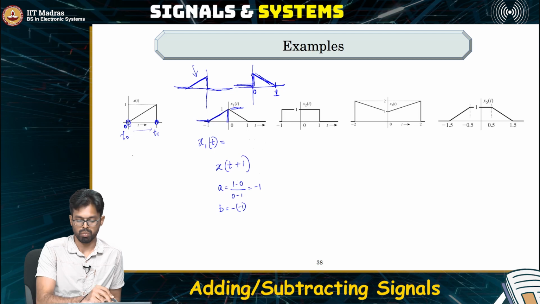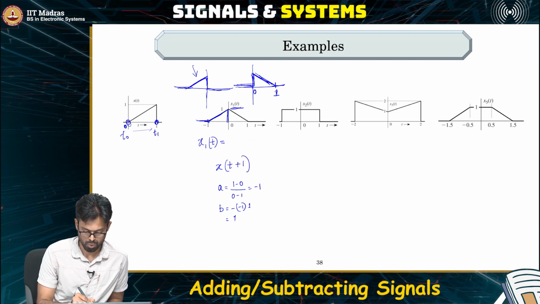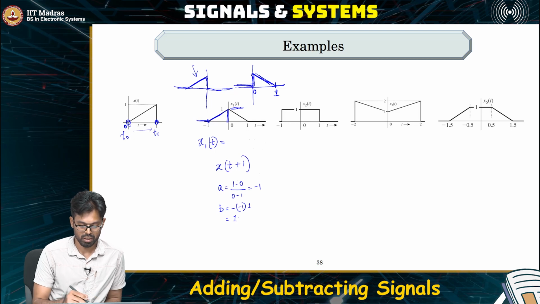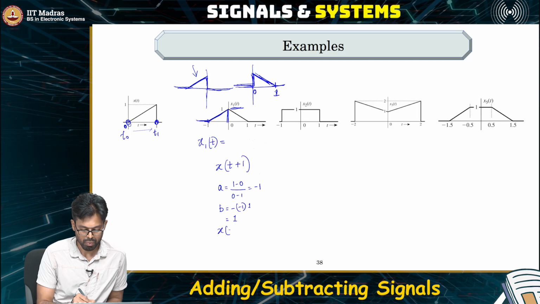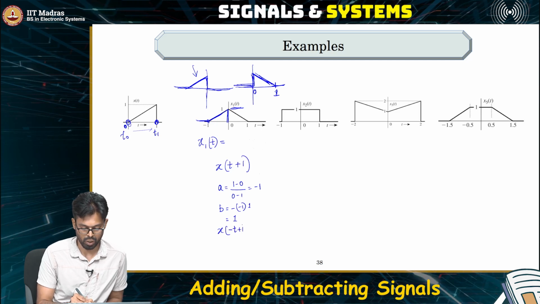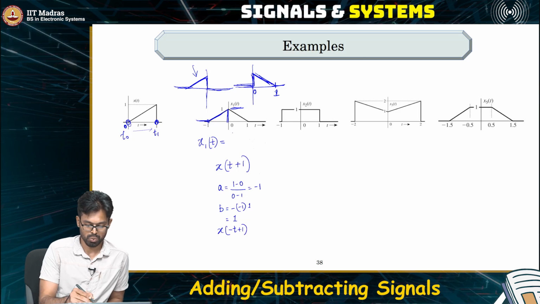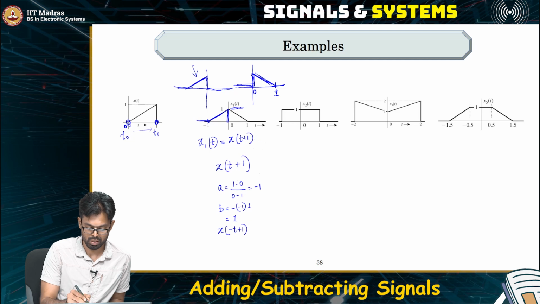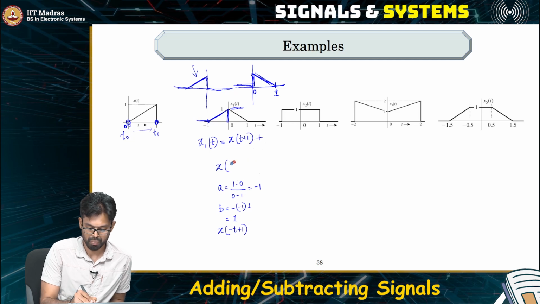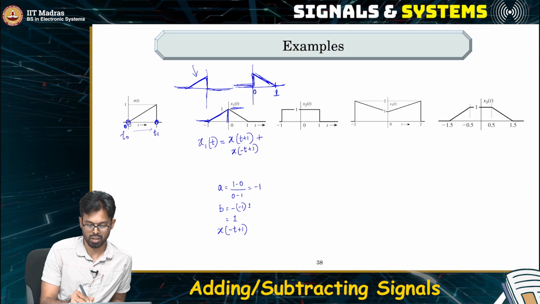V0 is 1 because the origin got shifted to 1. So, the other signal that we are looking for is x of minus t plus 1. Okay. So, the total signal x1 of t can now be written as x of t plus 1 plus x of minus t plus 1.